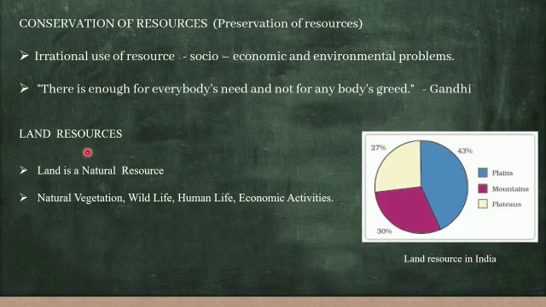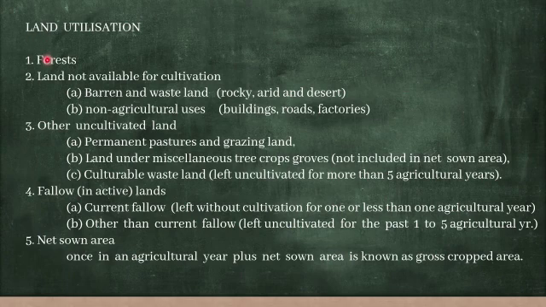Next one is land resource, and land utilization is given below. First one, area for the purpose of forest. Second one is classified as non-cultivable, with infrastructure development, and mountains and rocks occupy part of it. Third one: other uncultivated land, grazing, pasture and miscellaneous crops grown are in this list.